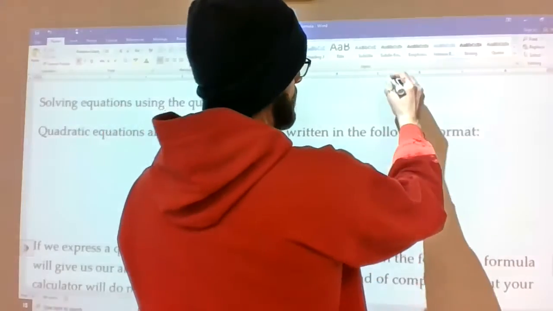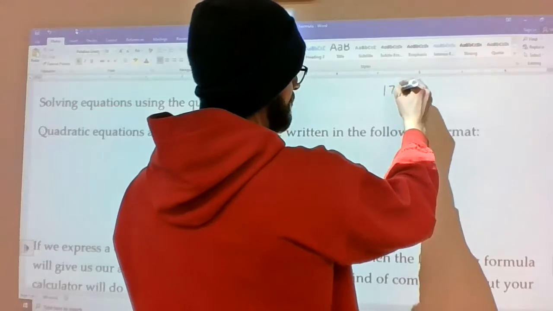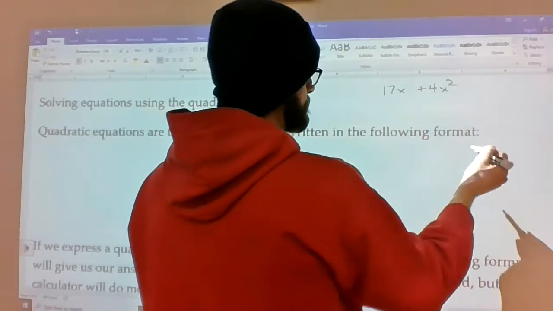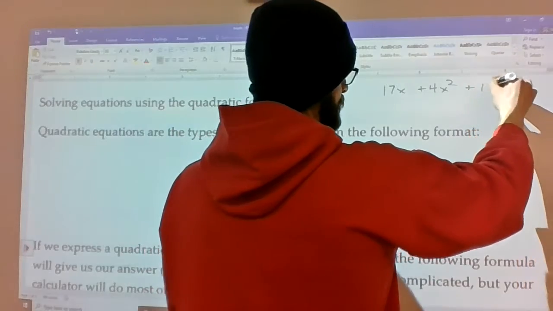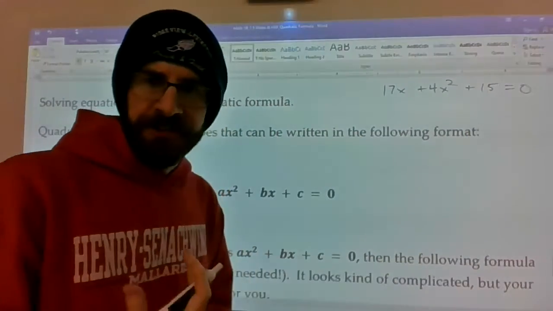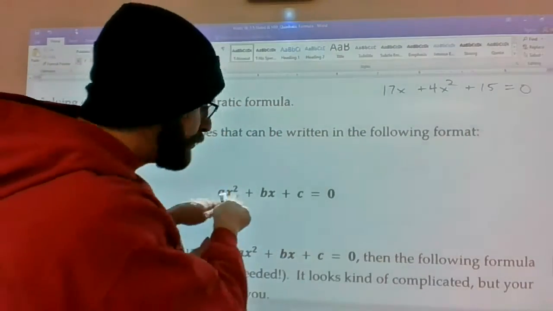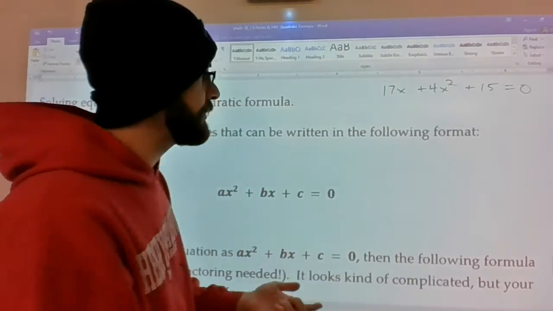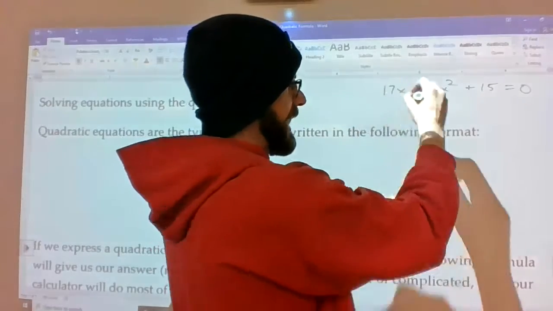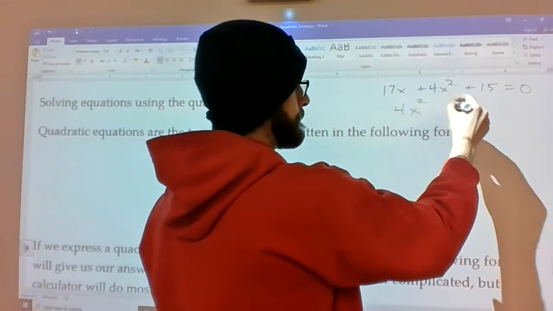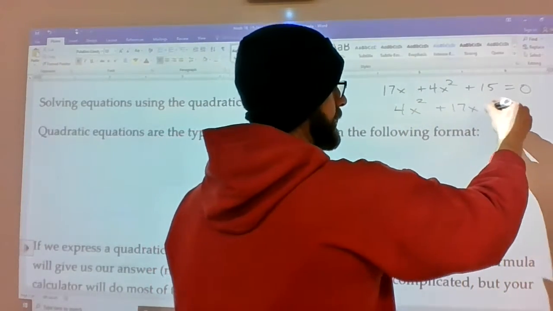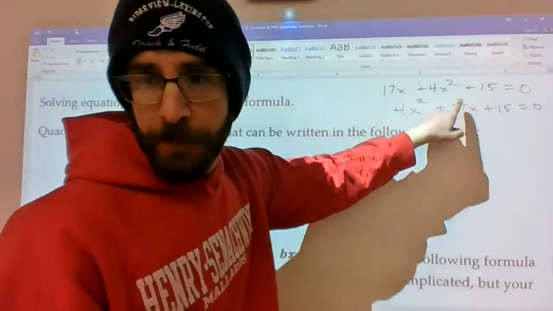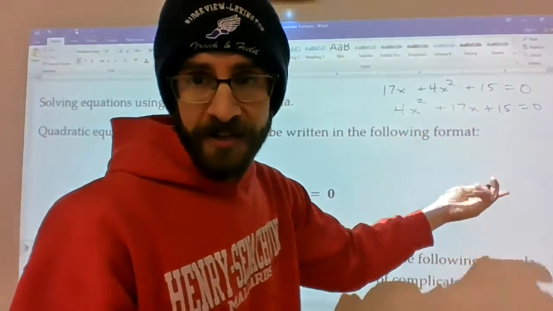You saw when you had to factor 17x plus 4x squared plus 15 equals 0, you weren't able to factor that properly until you made it look like ax squared plus bx plus c equals 0, right? The commutative property allows us to rearrange this, right? So now we called it standard form, biggest exponent to smallest, which is the constant, right?